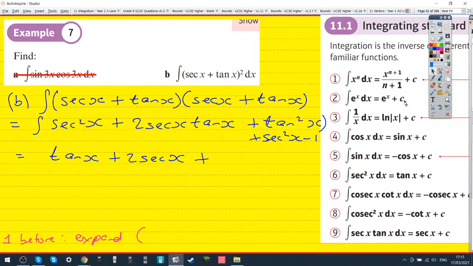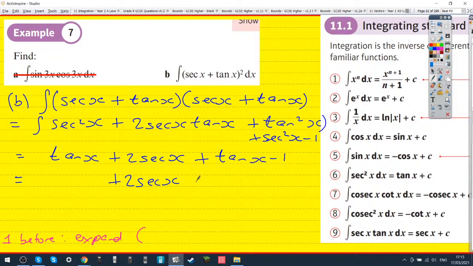Tan x minus 1. Fully simplify. 2 sec x minus 1. Tan x plus tan x.